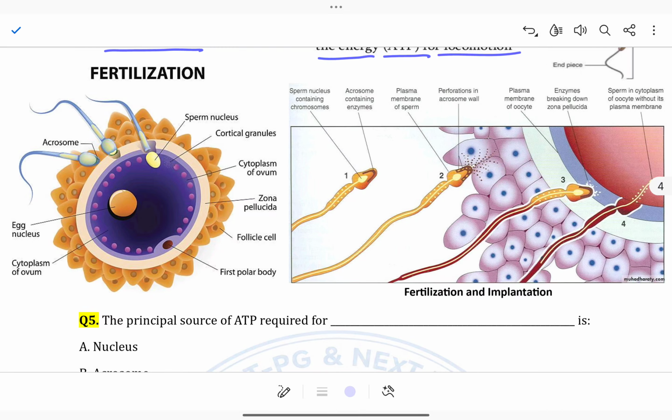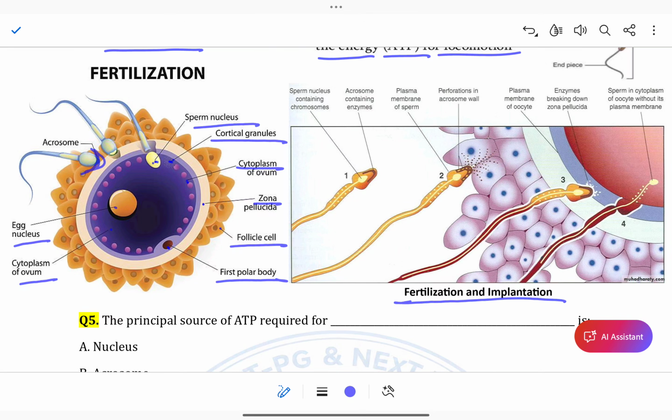Come to here, fertilization. See, the acrosome is working here, the egg nucleus, cytoplasm of ovum, follicle cells, first polar body is here, cytoplasm of ovum, zona pellucida, cortical granules, and sperm nucleus is here. Okay, so fertilization and the implantation.